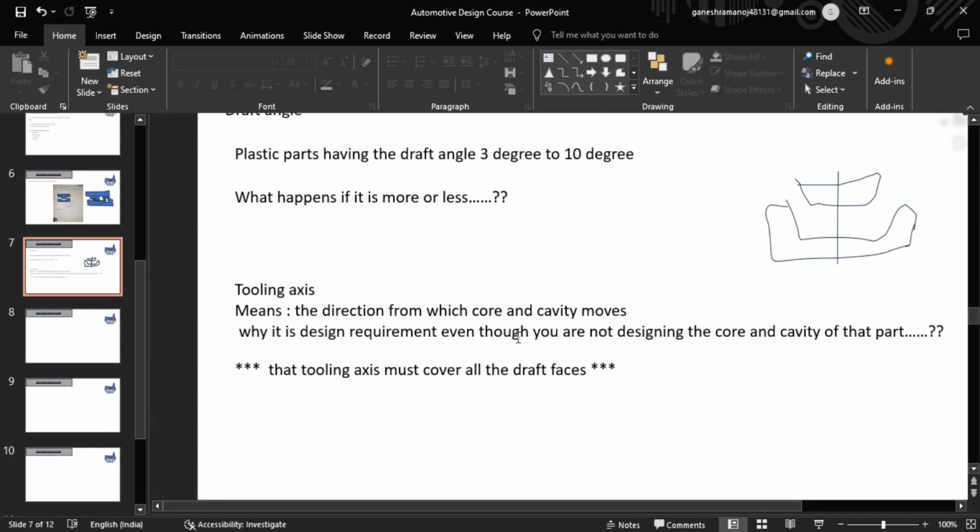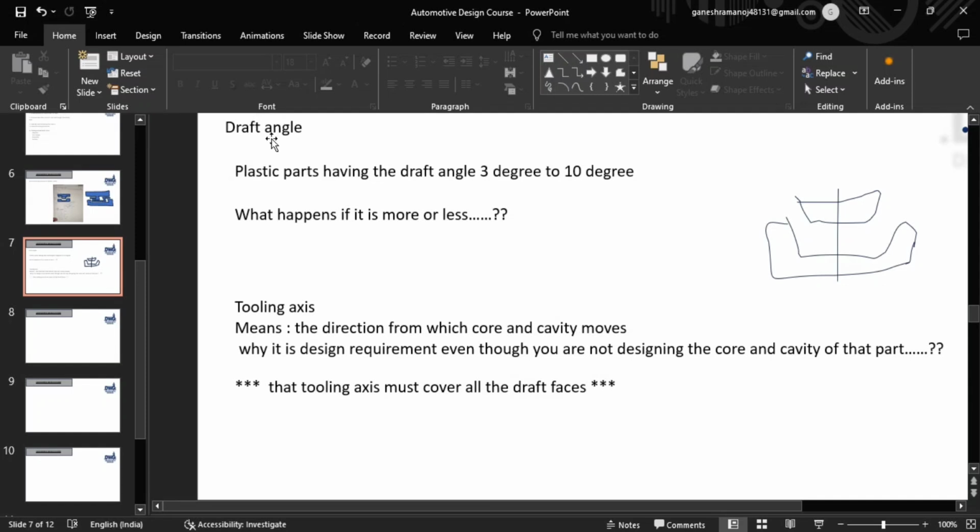What we do is study the geometry of the part, and from the geometry itself we specify the tooling axis. This is an important thumb rule to keep in mind. Now, what is a draft face? You may have one more doubt. In the last video we saw the draft angle.